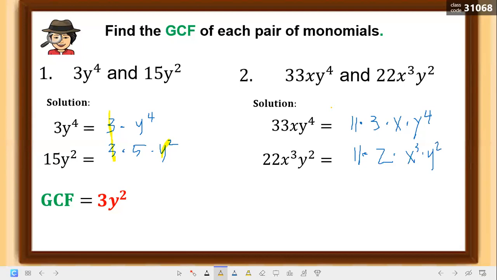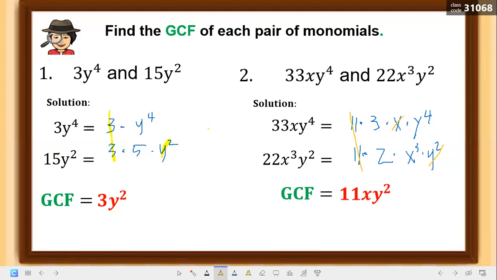Raised to 4. So tama, 11. Tapos since least degree, yung x cubed, mas mababa ito. Kaya kasama si x, kasama si y squared. So therefore, our GCF is correct. Okay, 11xy squared. Okay, any questions so far?